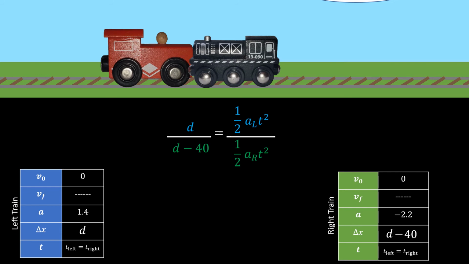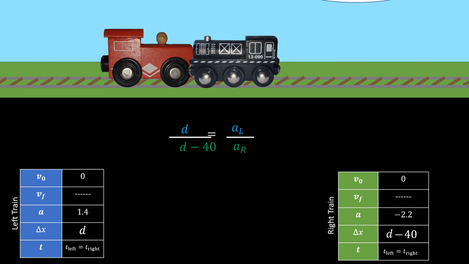This method works well because the train started from rest, leaving only one term behind. The beauty is now how we can easily cancel out the 1/2 and the time squared factors, leaving us with d and each train's acceleration. After a few steps of algebra, this problem will be solved.